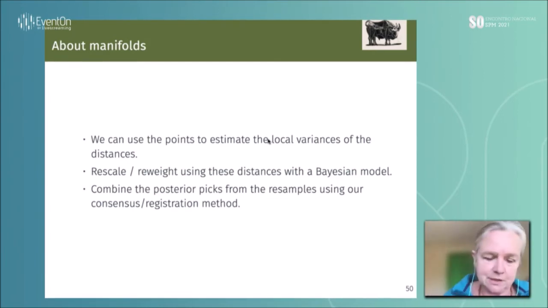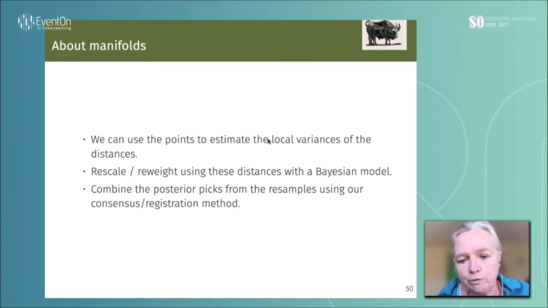So just to say about what we did for the manifolds, we can use the points to estimate local variances, and it's equivalent in some sense to seeing the local variability and the local curvature. We rescale and reweight using the distances, and we combine the posterior draws from the samples, and we use our consensus registration method that I talked to you about before.